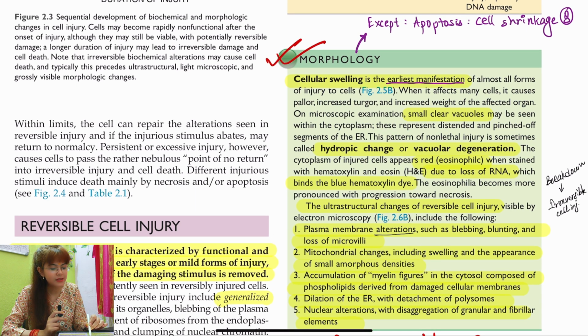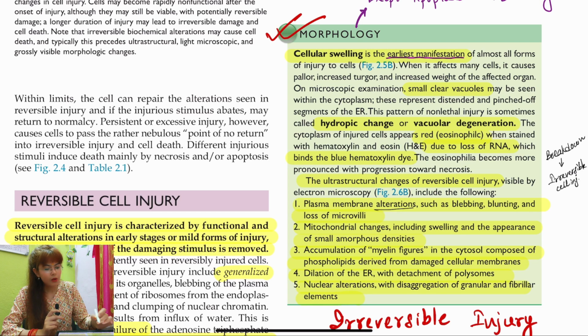And the cytoplasm of these cells will appear red, meaning it is eosinophilic, when stained with the H and E stain, because RNA usually binds to the blue hematoxylin dye and therefore gives a blue color. But because there is loss of RNA here, the cell will appear eosinophilic or red in color.